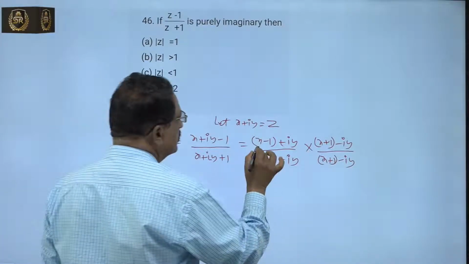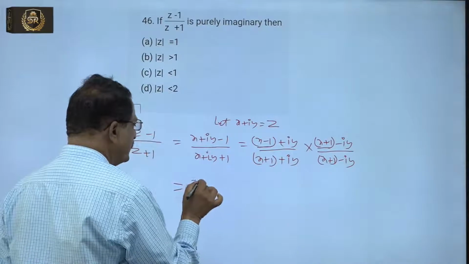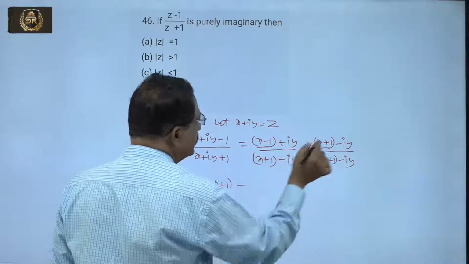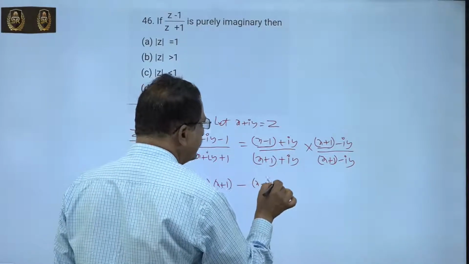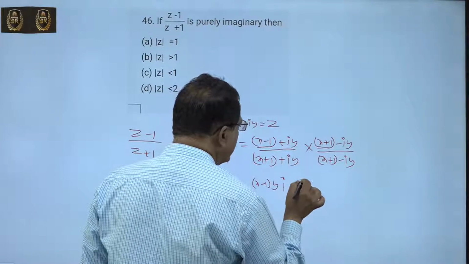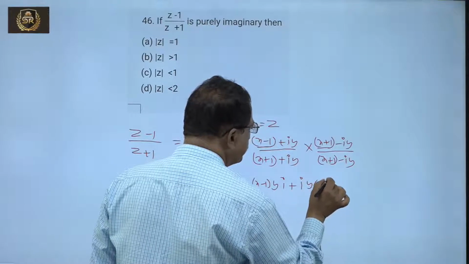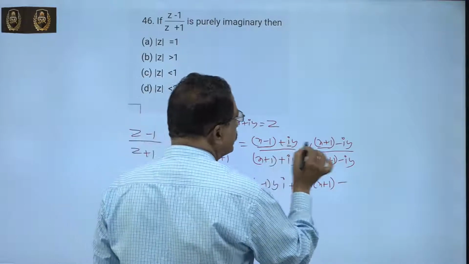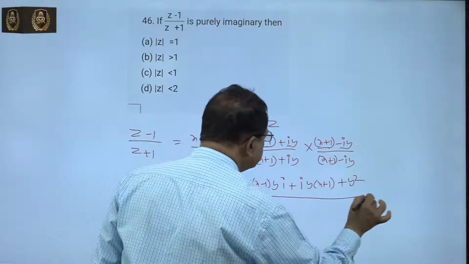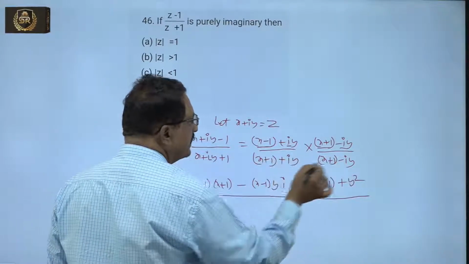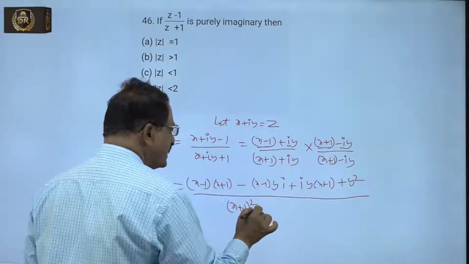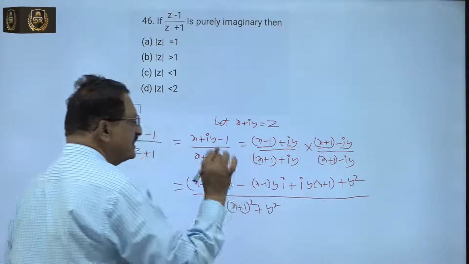What do we get in the numerator? (x minus 1) into (x plus 1), then (x minus 1) into minus iy, minus of (x minus 1) into y i, next iy into (x plus 1), minus i² y². In the denominator, (a plus b) into (a minus b) is a square minus b square, so (x plus 1) whole square minus i² y², but i² equals minus 1, so it is minus of minus, plus y square.